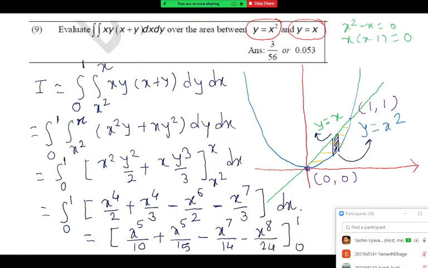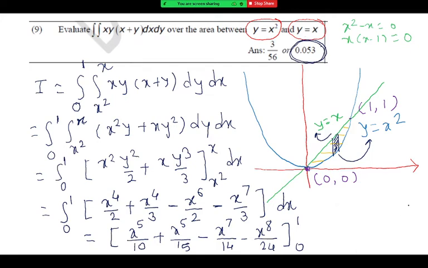Now you can use a calculator also to get this answer. You will get 0.053 at the end. But before that, you have to replace these values. When you replace these values, you will get 1 by 10 plus 1 by 15 minus 1 by 14 minus 1 by 24.